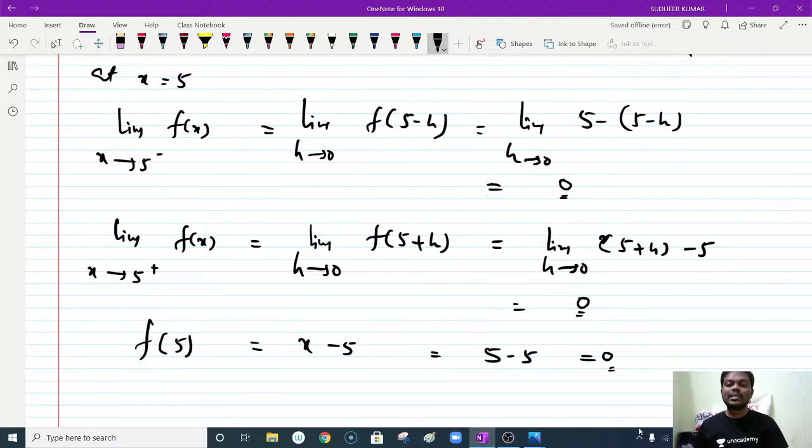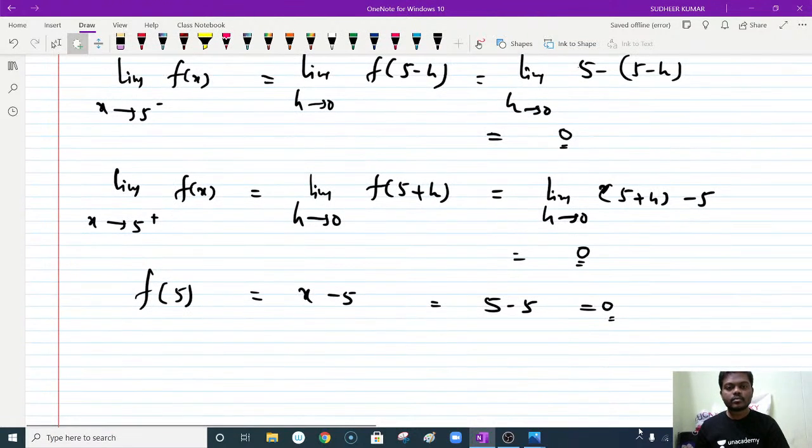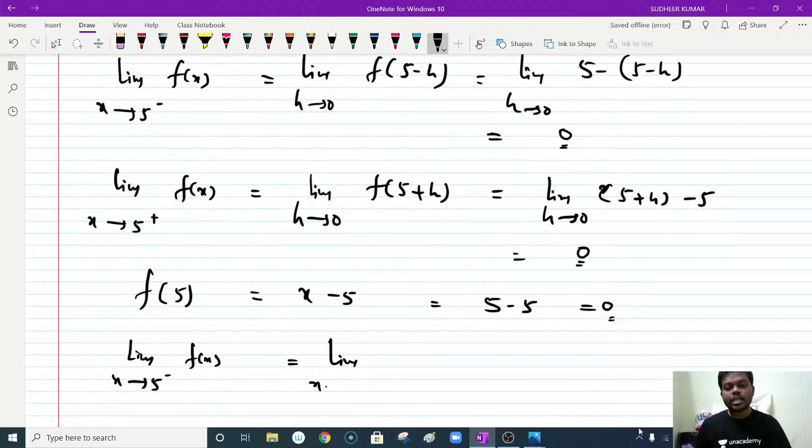So what did we get as the result? Here limit x tends to 5 minus f of x equal to limit x tends to 5 plus f of x equal to f of 5. So we got LHL equal to RHL equal to f of 5. So that it is continuous at 5 also.